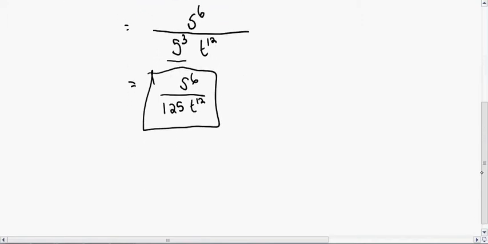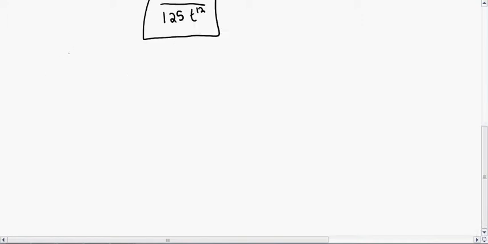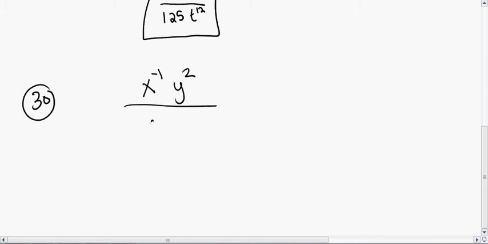Let's do another one. How about number 30? Number 30 looks like it might be pretty easy, since there are just x's and y's, but there are a lot of negatives there. Number 30 has x to the negative 1, y squared over x squared, y to the negative 1.